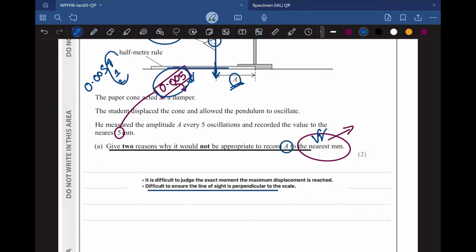Taking the nearest millimeters is inappropriate, because taking as few decimal places as possible is better in such investigations or experiments where there is a very high uncertainty. So that's why taking the measurements of amplitude to the nearest 5 millimeter will not be appropriate.